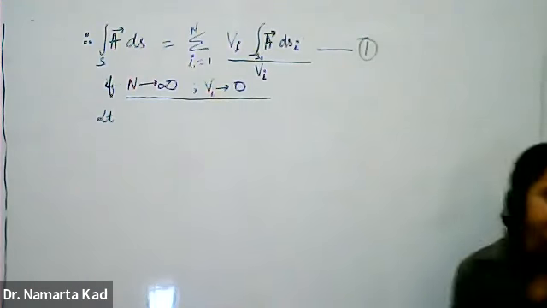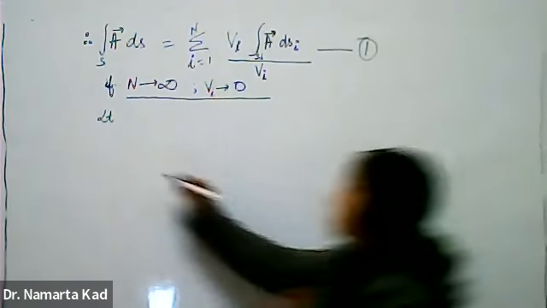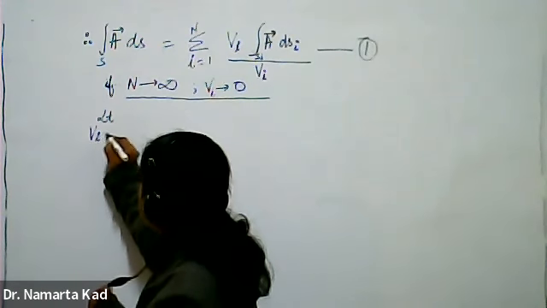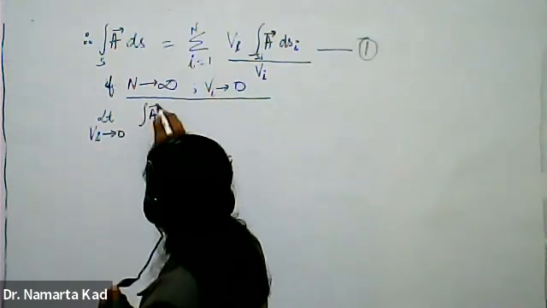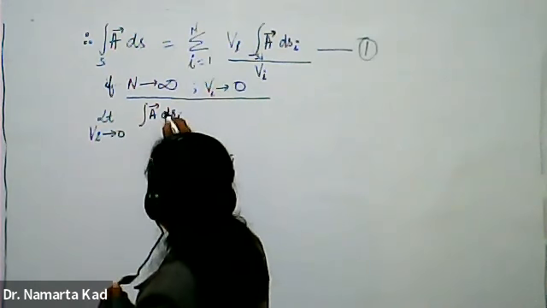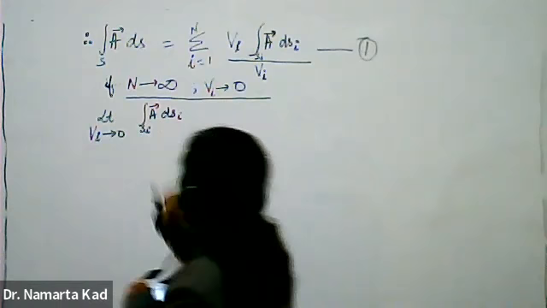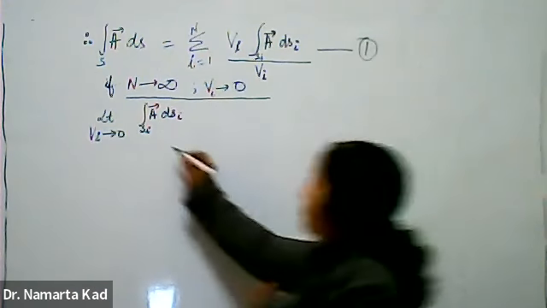So limit Vi tends to 0 over the integral of A dot dsi, here it is Si upon Vi.